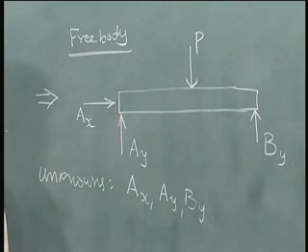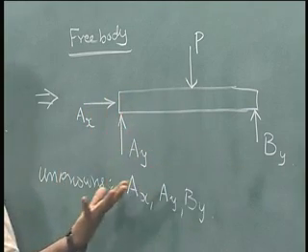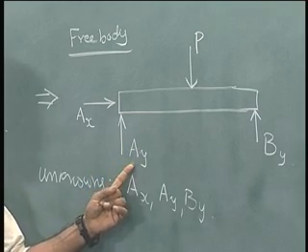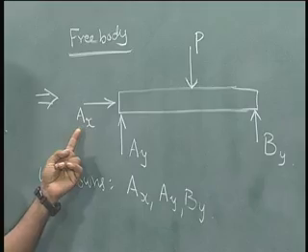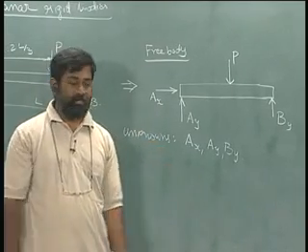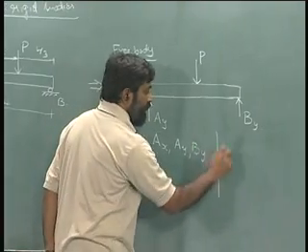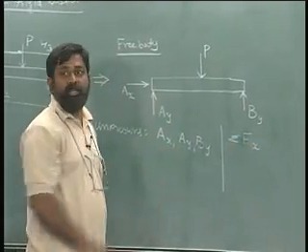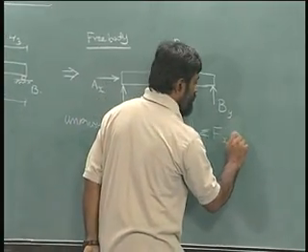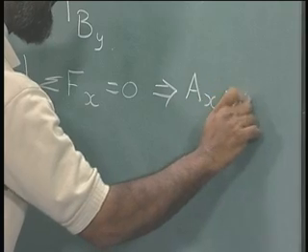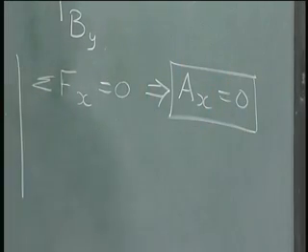The next thing we usually do is examine the type of forces present in this rigid body. We have 3 vertical forces, and there is only one single horizontal force. So the first thing I can do is write the summation of all force components on the rigid body along the x direction equal to 0. That implies Ax equals 0. So that is the immediate result that I can get.